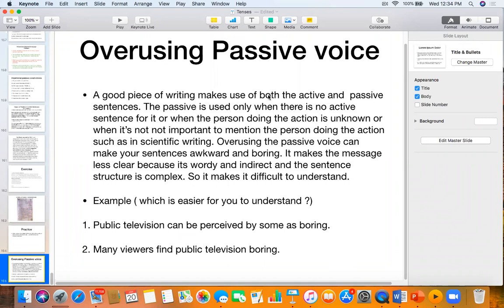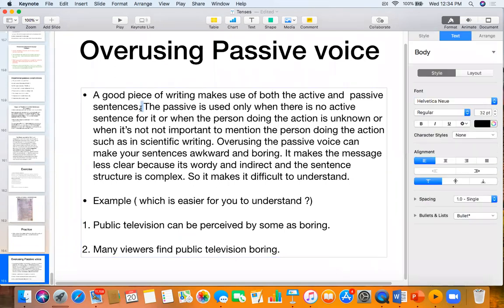A good piece of writing makes use of both the active and passive sentences. The passive is used only when there is no active sentence for it, or when the person doing the action is unknown, or when it's not important to mention the person doing the action, such as in scientific writing.